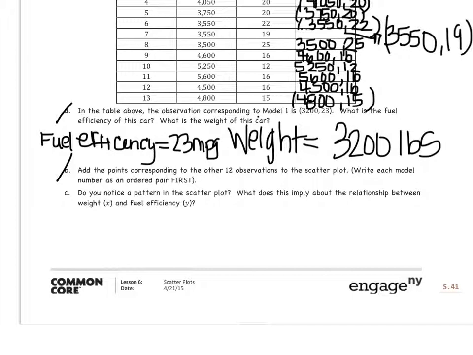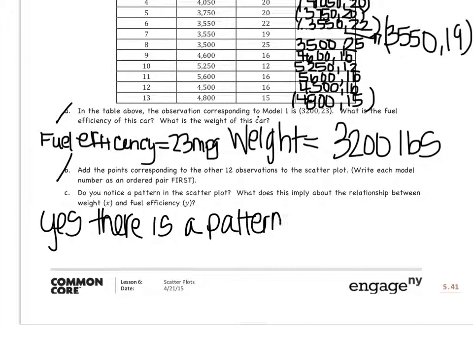What do you notice? Is there a relationship between them? Think that to yourself. All right, so you should notice that yes, there's a pattern. It's going down, right? You probably noticed that.